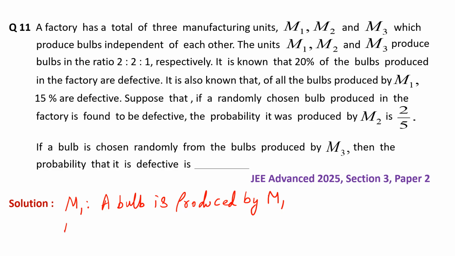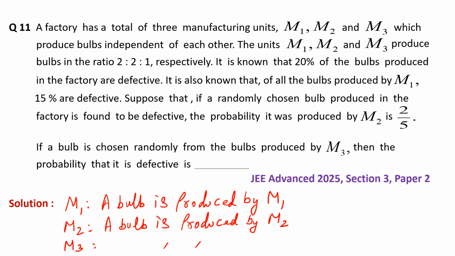Now similarly, the second event is M2, which says a bulb is produced by manufacturing unit M2. And the third event is M3, which says a bulb is produced by manufacturing unit M3.